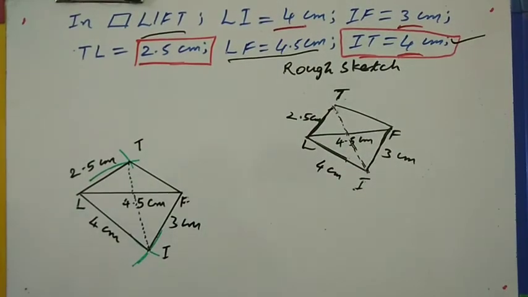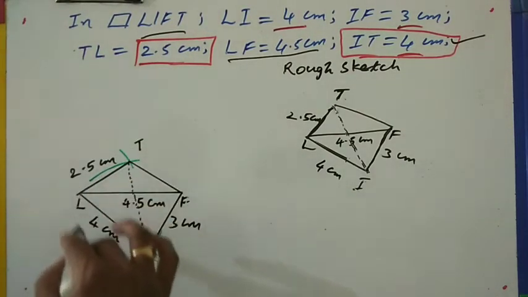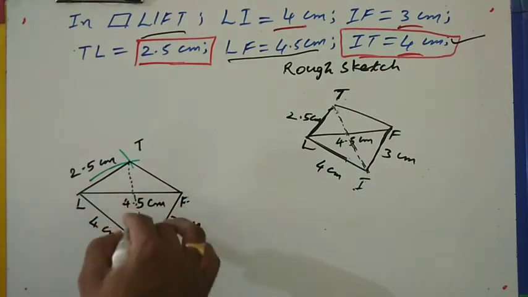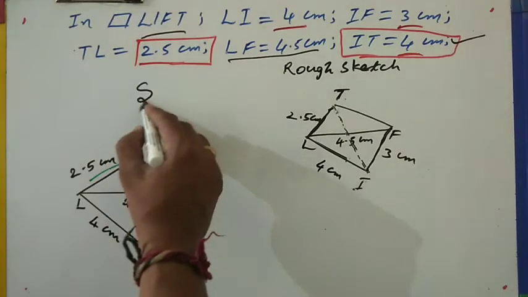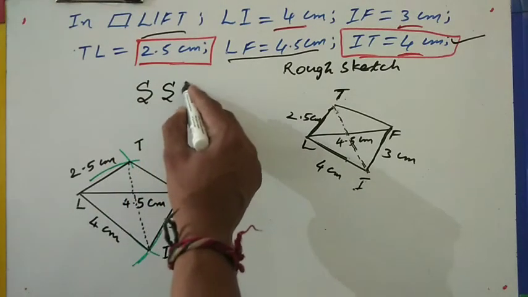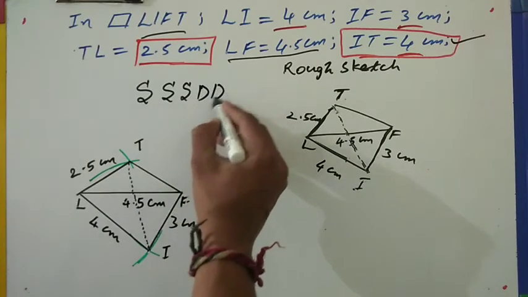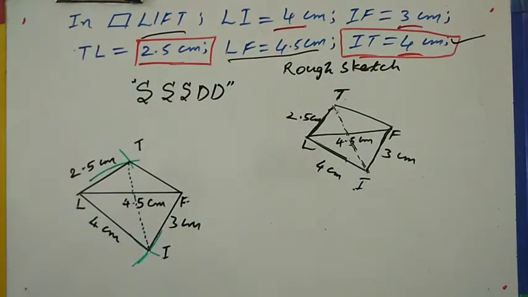So, this is how we construct a quadrilateral when 3 sides are given and another 2 diagonals are given. So, this is one of the important constructions called SSDD in short. Okay. So, we will go for another construction of type of quadrilateral called SAS. Okay.